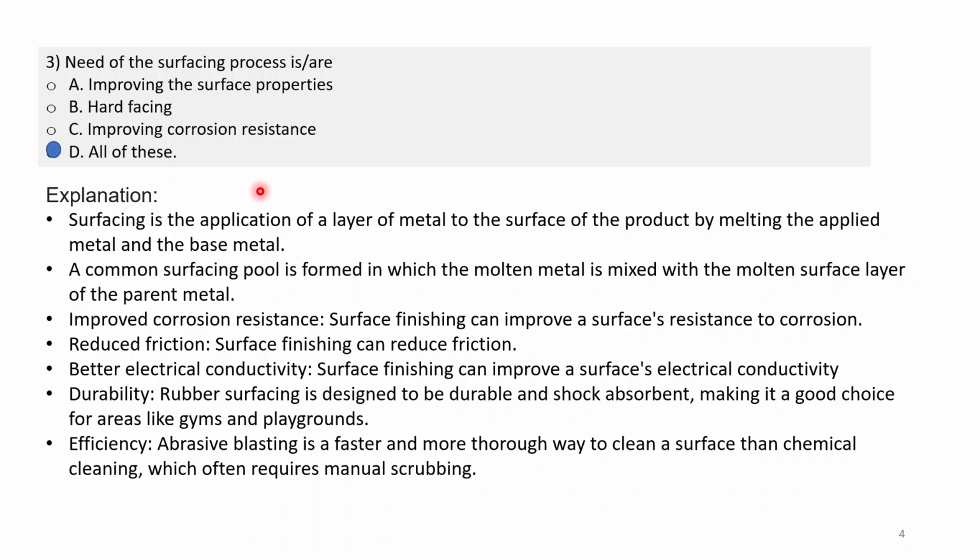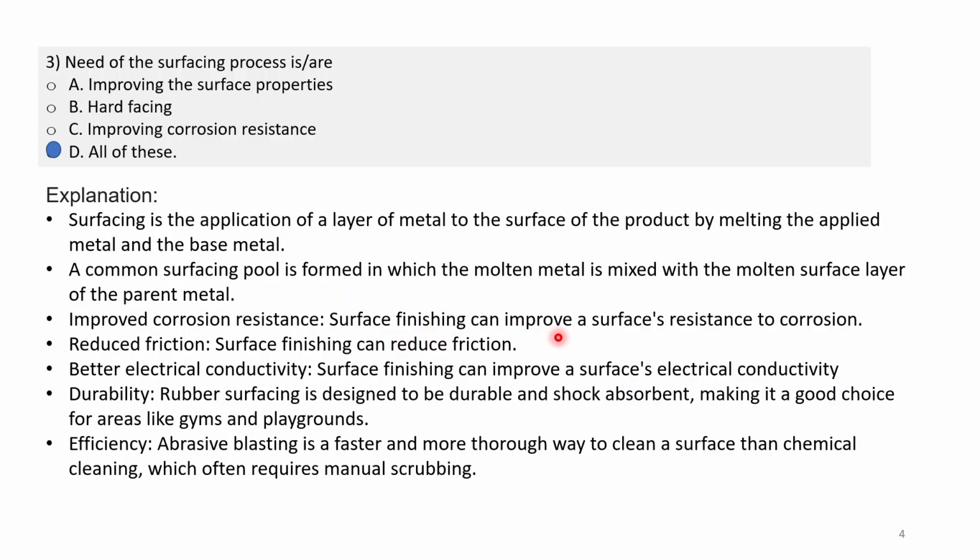You apply a layer. Surfacing is the application of a layer of metal to the surface of the product by melting the applied metal and the base metal. The common surfacing pool is formed in which the molten metal is mixed with the molten surface layer of the parent metal. It has improved corrosion resistance.